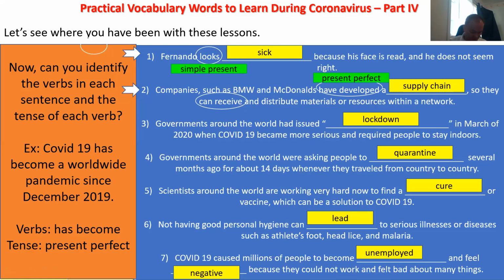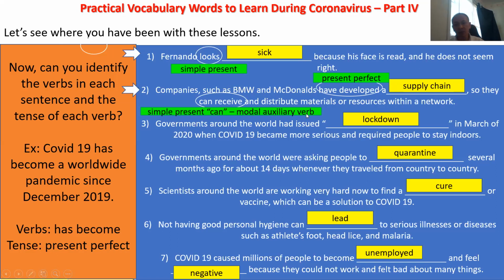Can receive. You have two verbs together, but the two verbs are simple present. Can is a modal auxiliary verb.